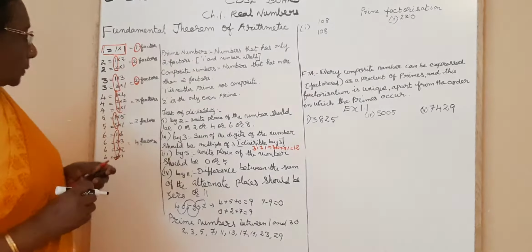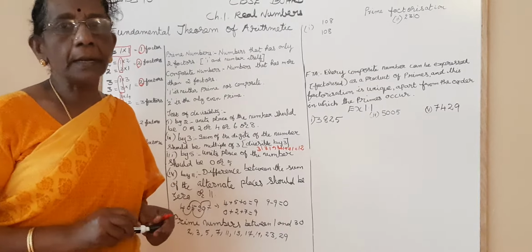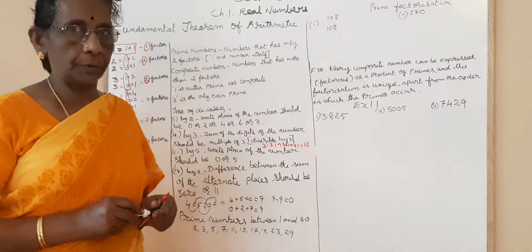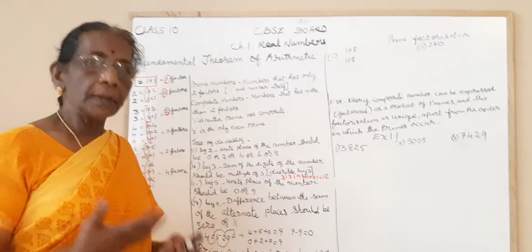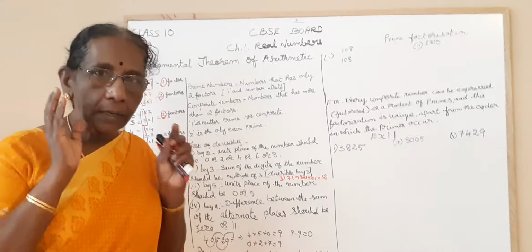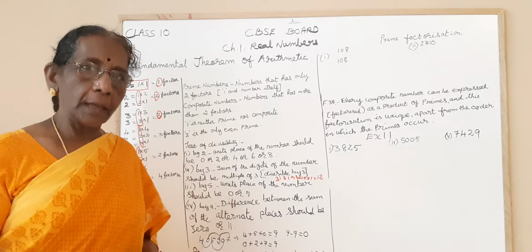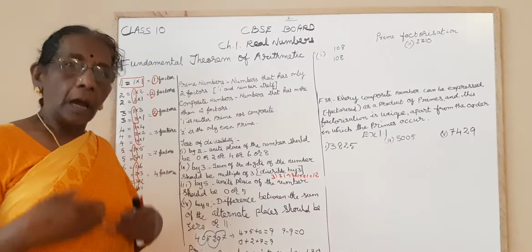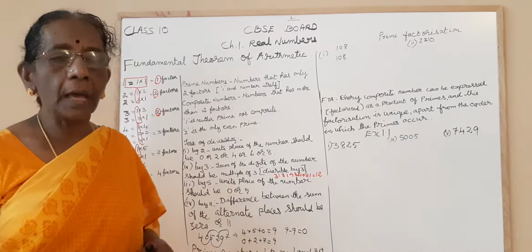Okay, children. So from this, what have you understood? When you take the natural numbers, infinite numbers will have only 2 factors, that is 1 and the number itself. And other than that, the same infinite numbers will have more than 2 factors.